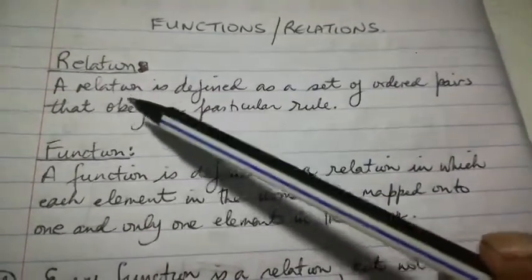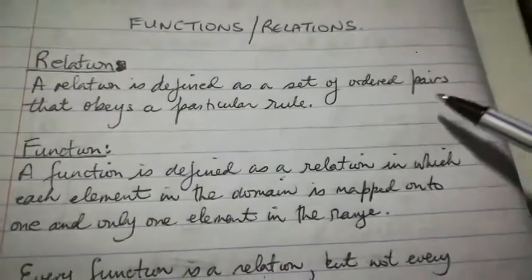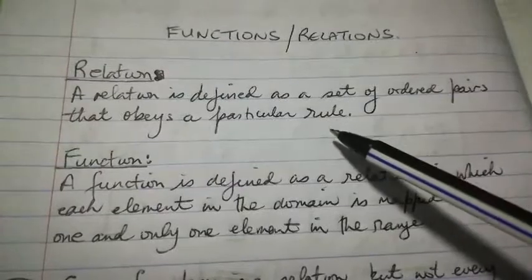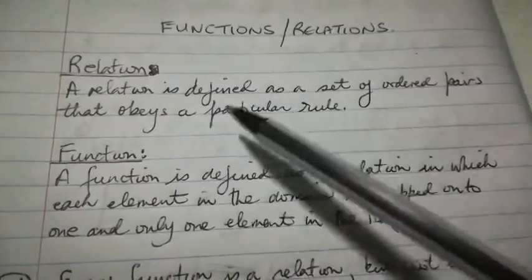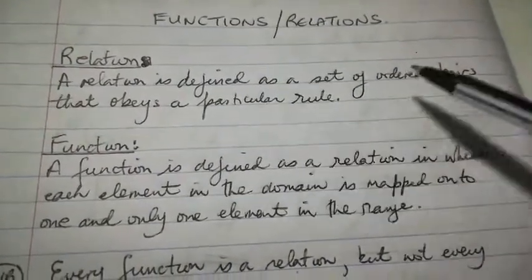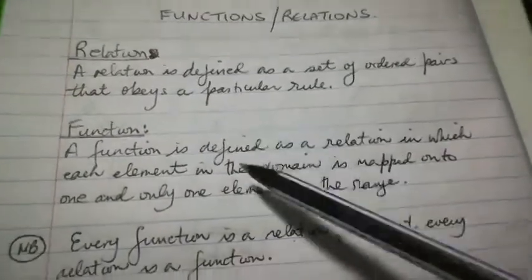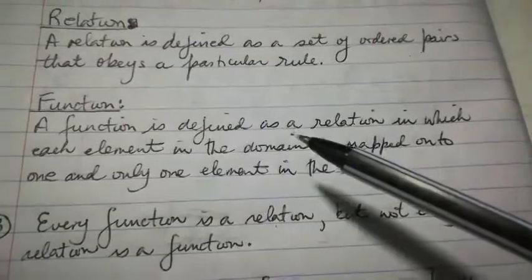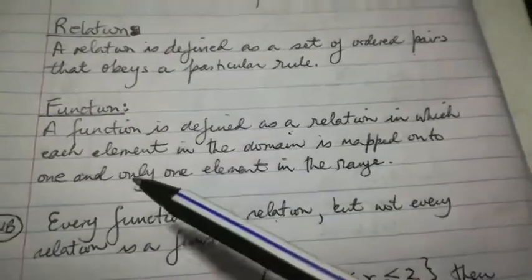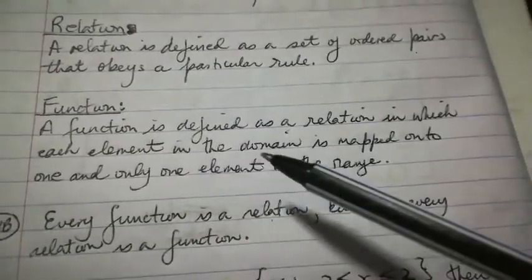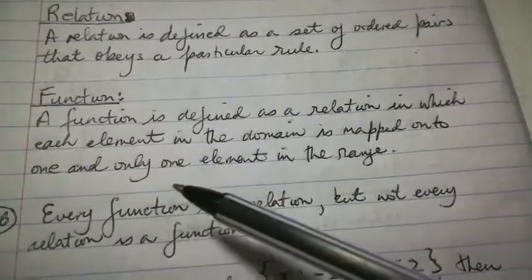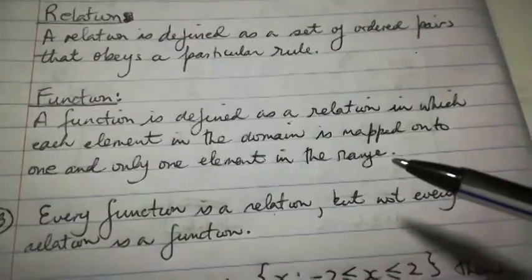It says a relation is defined as a set of ordered pairs that obeys a particular rule. It's a set of ordered pairs of x and y, right? A function is defined as a relation in which each element in the domain is mapped onto one and only one element in the range.